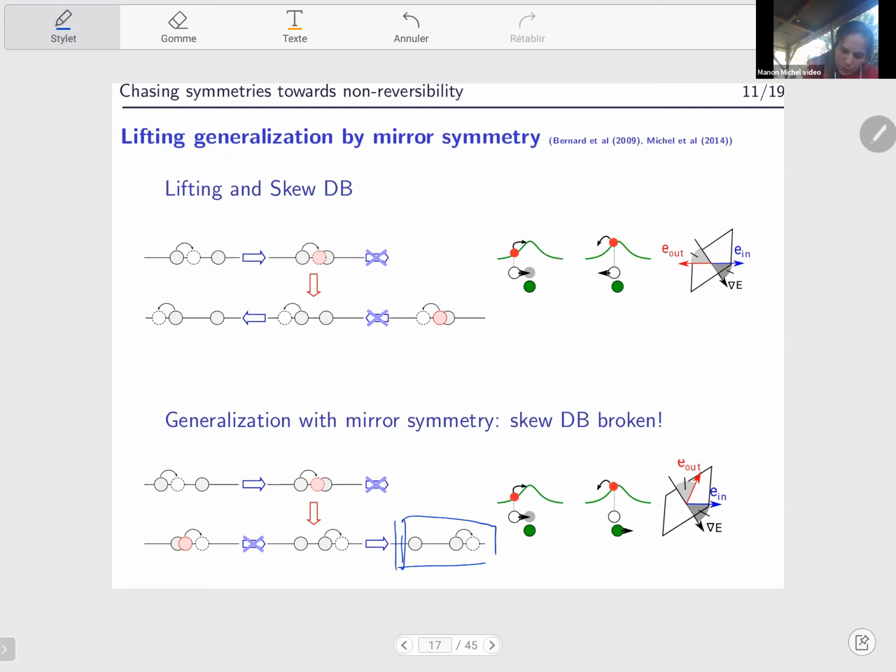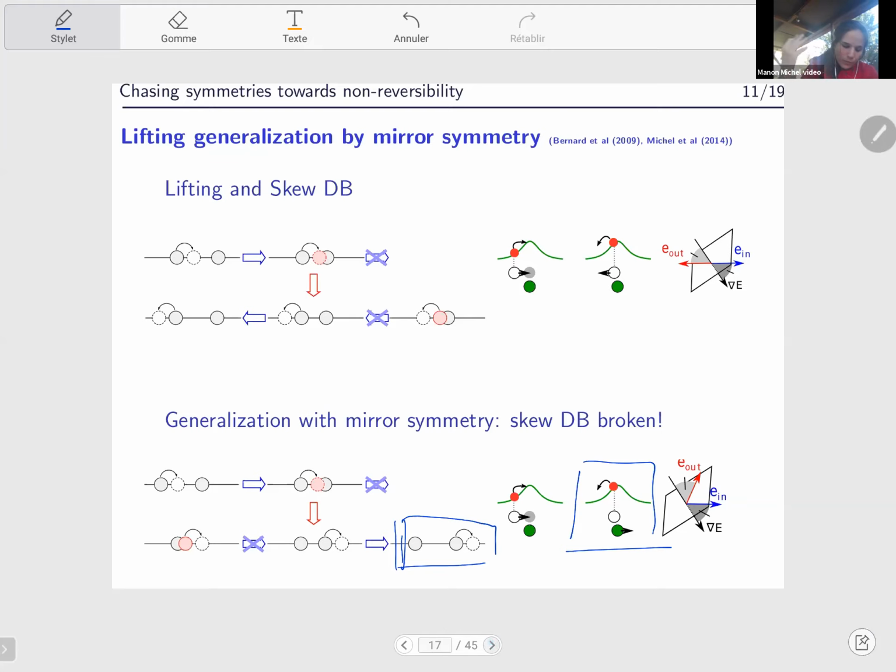This may seem a bit trivial, but actually this is a way to break the skew detailed balance and to encode persistent moving particles. This was done by using symmetry encoded directly in the probability distribution, and not an artificial one like Newtonian dynamics, some reversibility in time, and so on.